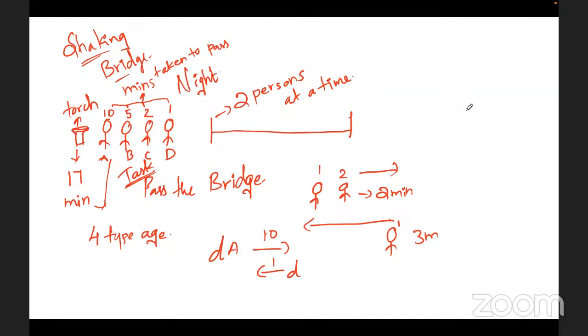Okay, someone gave me a solution, what he gave us: 1 and 2, right? Will go first. So it will take 2 minutes. So 1 will return. So now 1 minute. Okay. So again, 10 and 5 will go, 10 minutes. Okay.